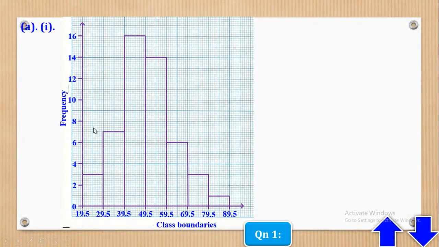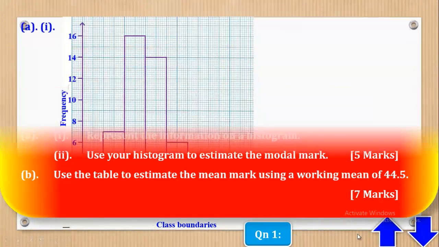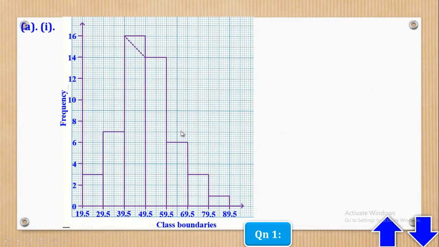So basically that is what they wanted in Roman 1, to represent the given information on a histogram. So next we shall go to Roman 2, where they told us to use your histogram to estimate the modal mark. So for you to estimate the modal mark, you have to draw a line from this highest to the next class, and also from here to the class before it, which is that.